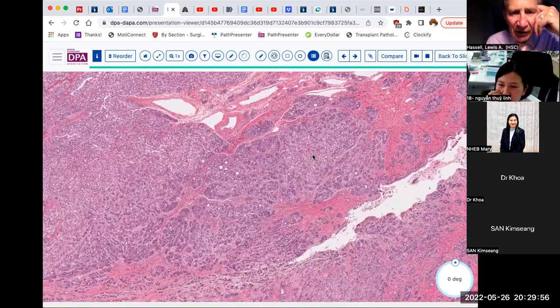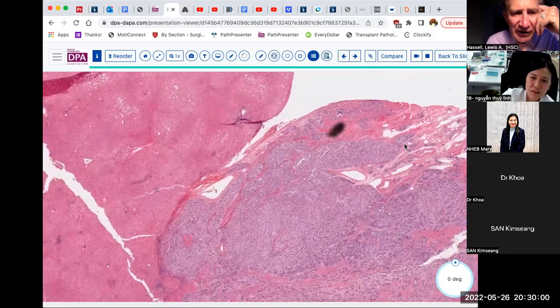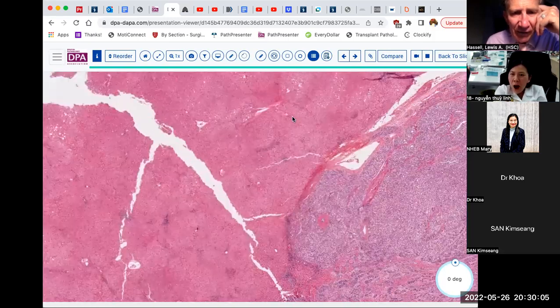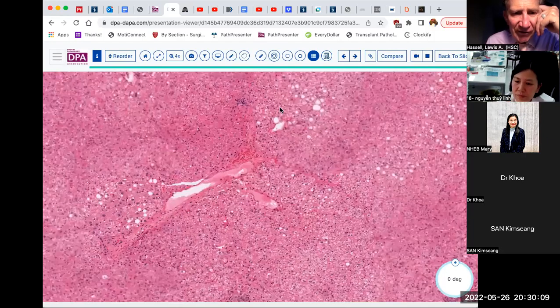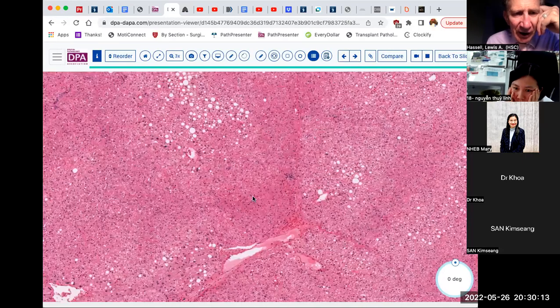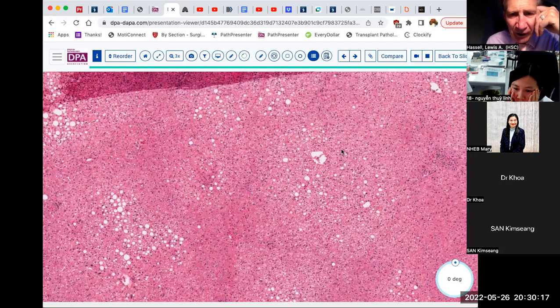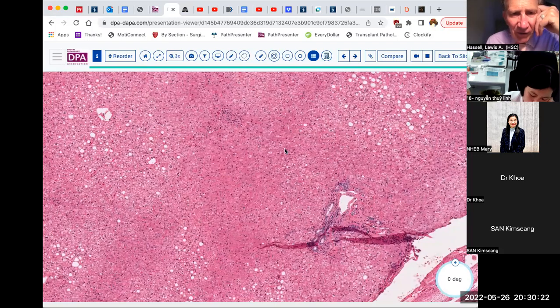and hepatocellular carcinoma is usually occurring in a setting of cirrhosis, whereas here we're not really seeing any sort of cirrhotic pattern in the background liver. We've got a little bit of fat, but generally it looks to be fairly unremarkable appearing liver. Normal portal structures here.